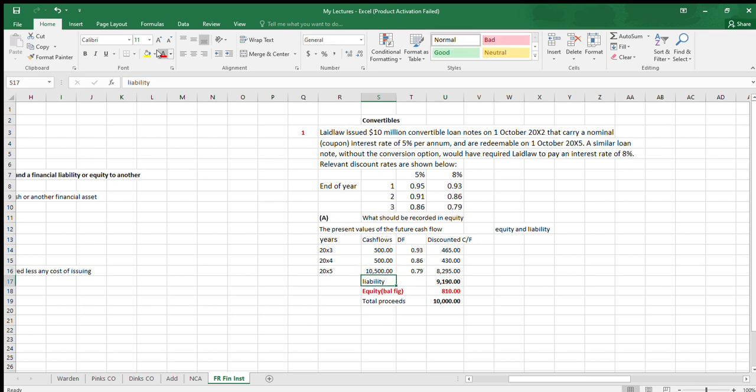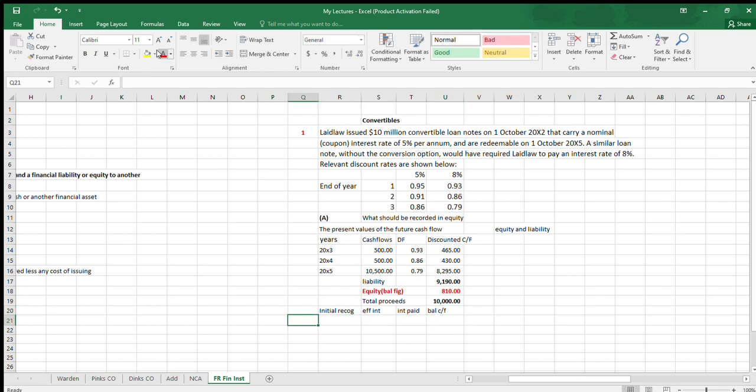Now you set up your workings. Initial recognition. You have your effective interest rate. You have your interest paid. Then you have your balance carried forward.